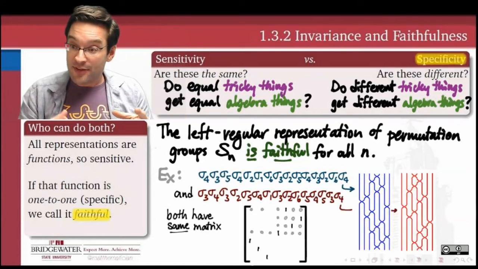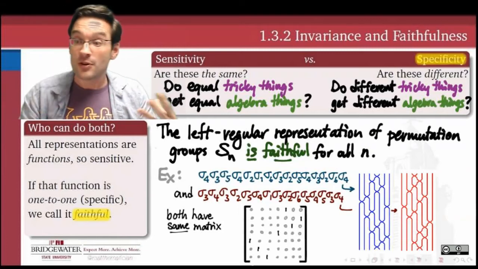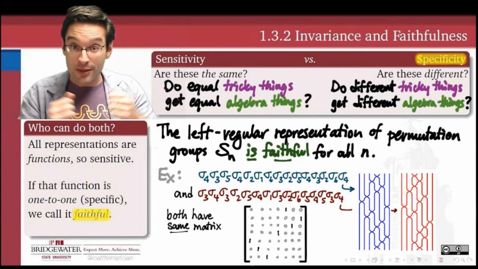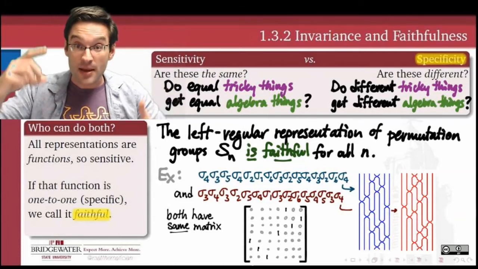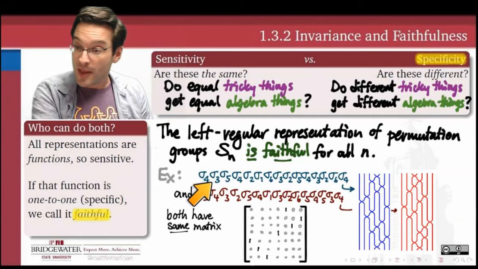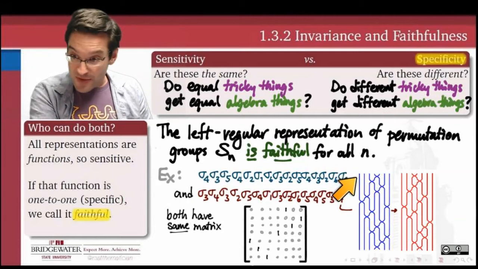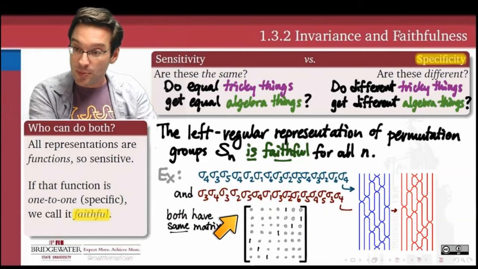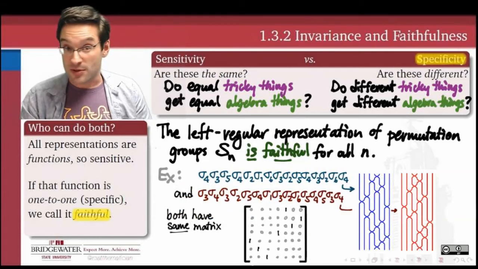And so they have different looking braidograms and very different looking words that are spelled out using the same alphabet. But if we crank through using the left regular representation, the 7 by 7 matrices that we would multiply together, if we multiplied all of those 7 by 7 matrices together and all of these 7 by 7 matrices together, it turns out that their products give us the same matrix.